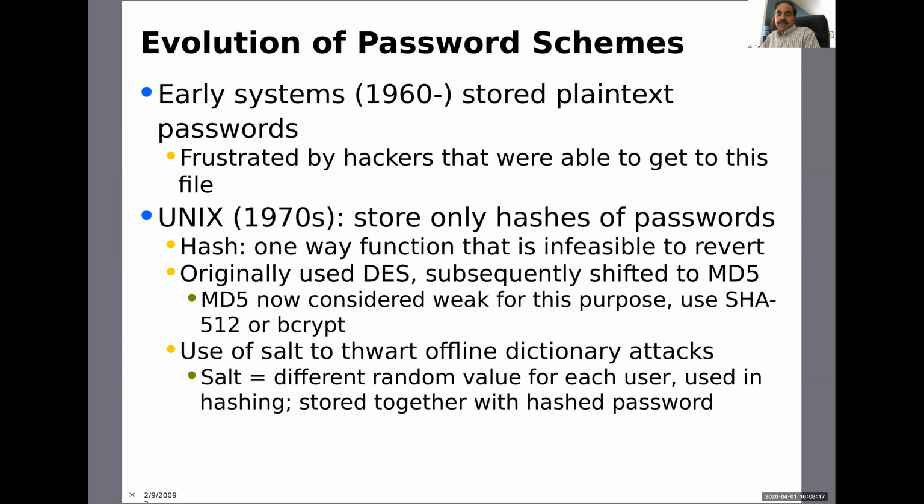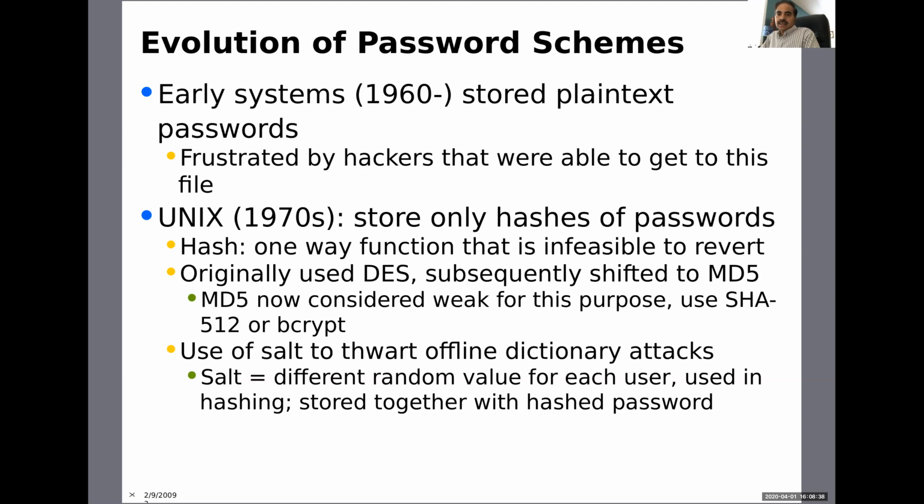And this kept happening, and so by the time Unix was designed in the 1970s, the Unix designers decided that this is just something that simply cannot be done. And so what they decided to do was not to store passwords at all.